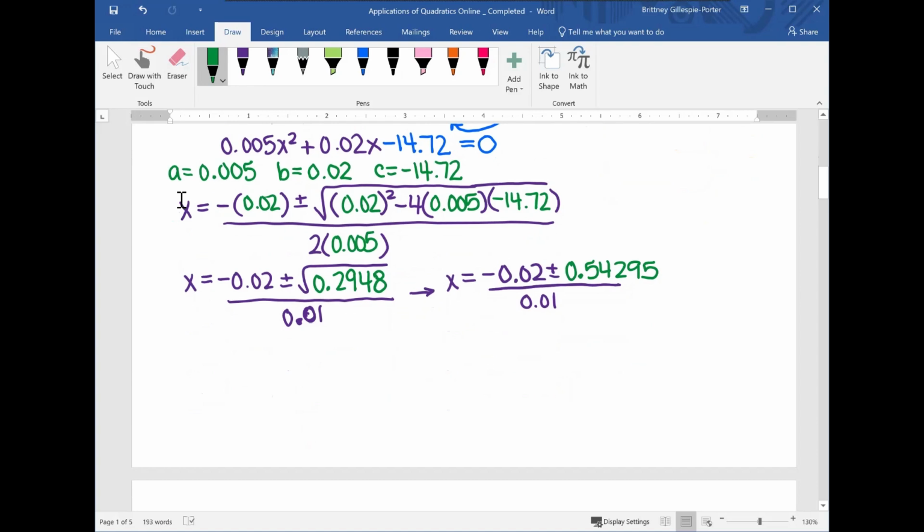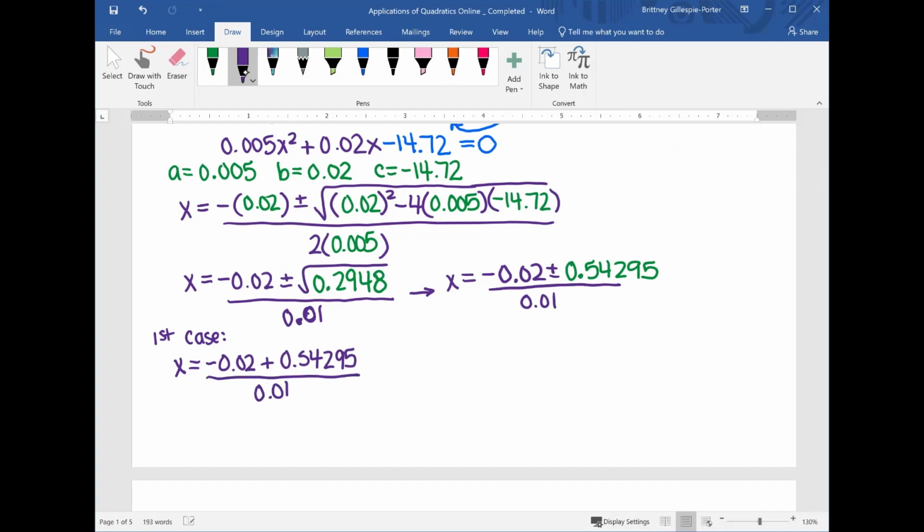We're not done yet. We need to split it into our two cases because we have the plus minus. So our first case is that x is equal to negative 0.02 plus 0.54295, all over 0.01.